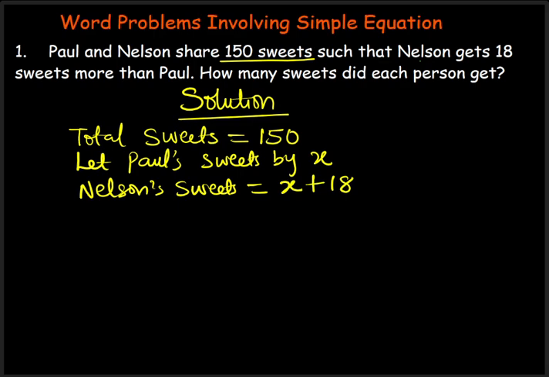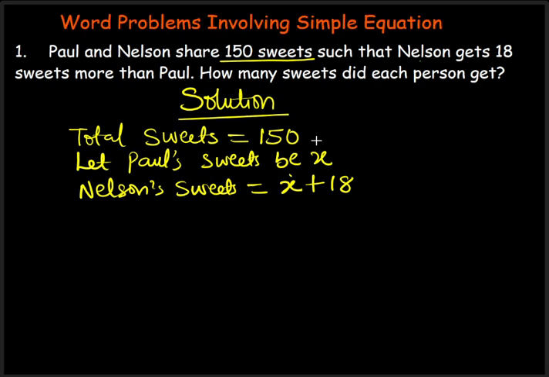We don't know what Paul's sweets are, so we need to assume that, which we say is X. So let Paul's sweet be X. Okay, so Nelson's sweet is equal to X plus 18.